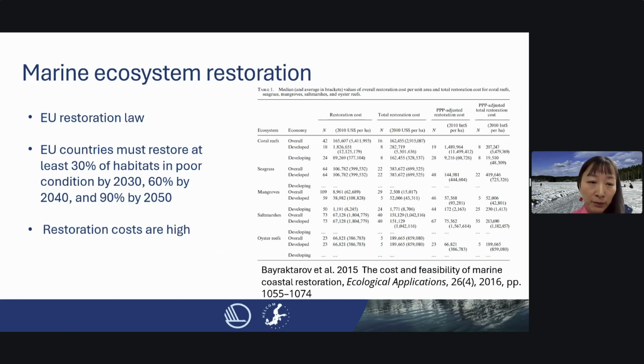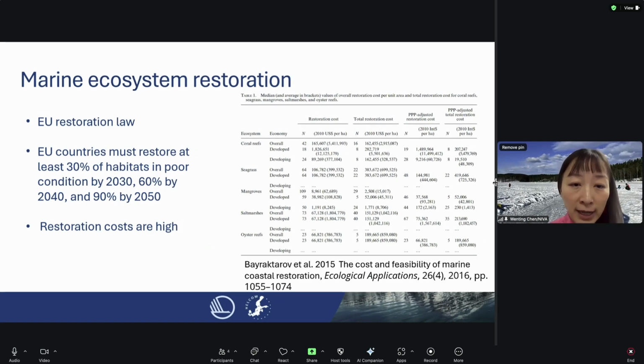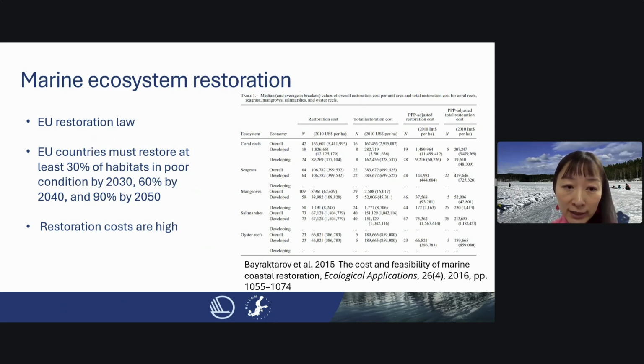We have heard in our keynote presentations about the EU restoration law, and we know that most of the ocean habitats are in bad condition, and we must restore at least 30% of habitats in poor condition by 2030 and 60% by 2040 and 90% by 2050.